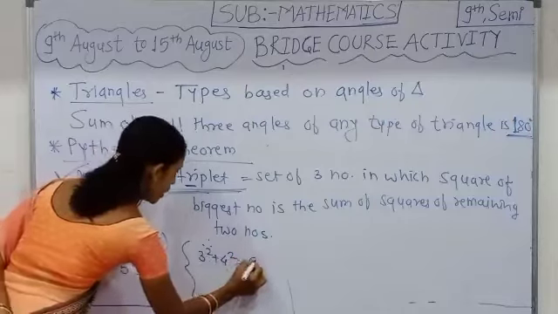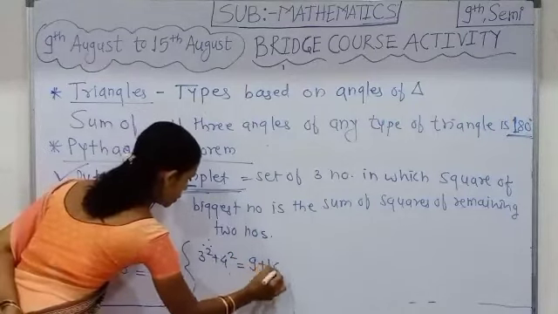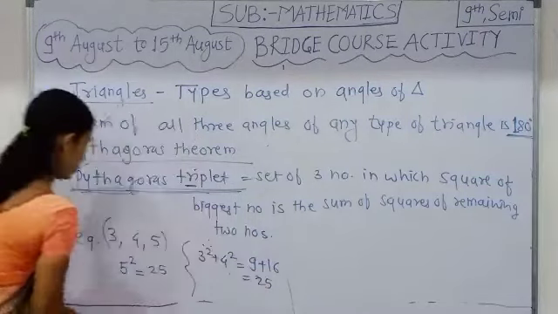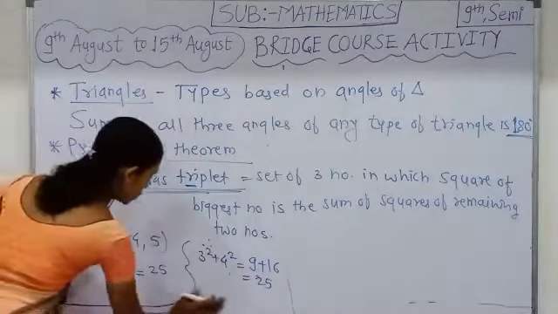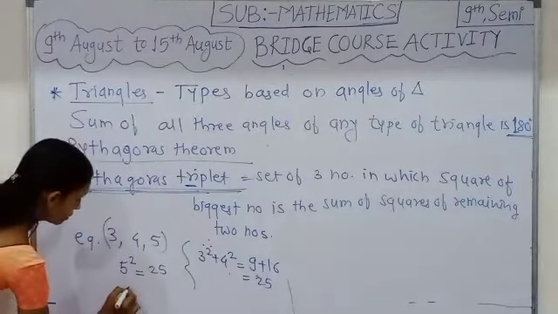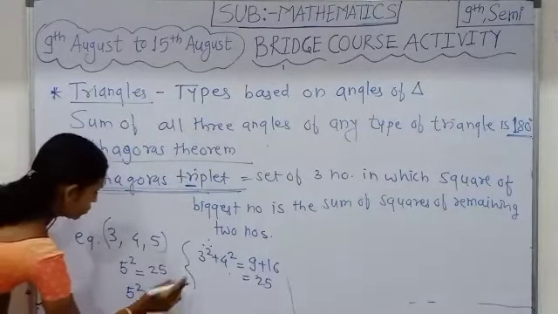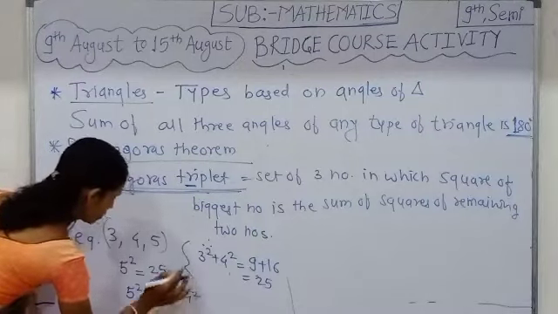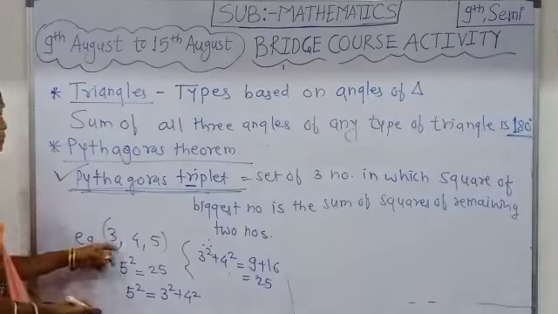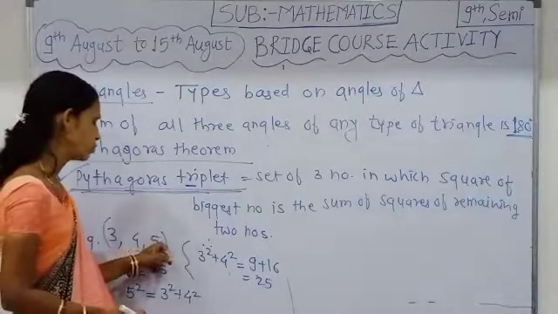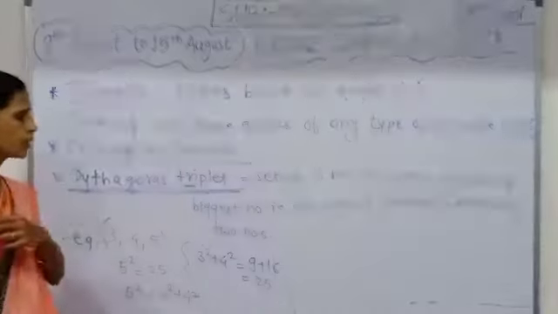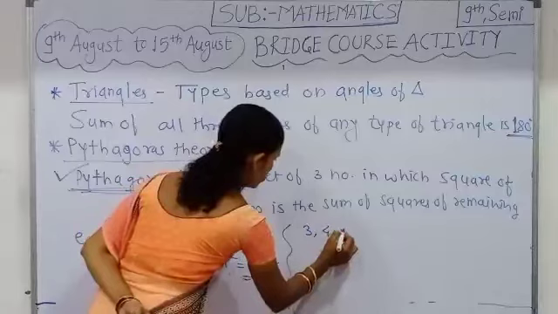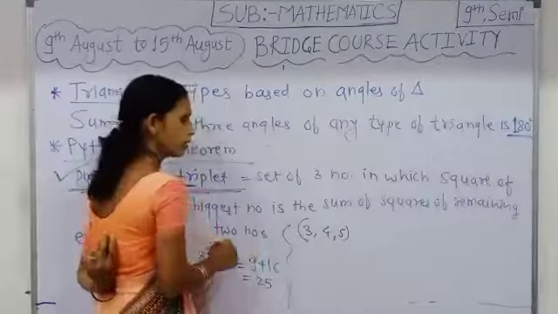Here we get 3 square 9 plus 4 square 16. Then 9 plus 16 is 25. That means from this calculation we can write that 5 square is equal to 3 square plus 4 square. Therefore 3, 4 and 5 is a Pythagoras triplet.